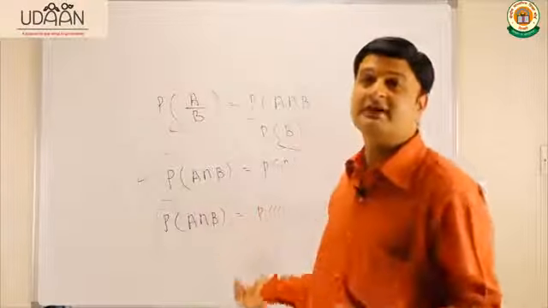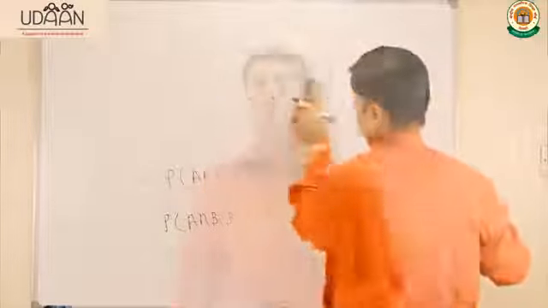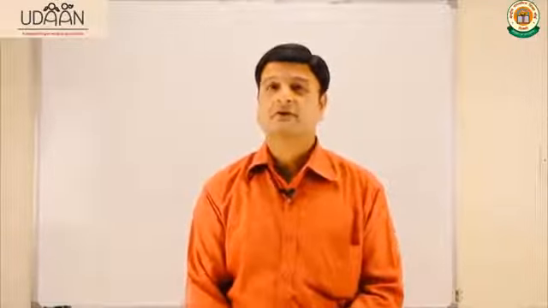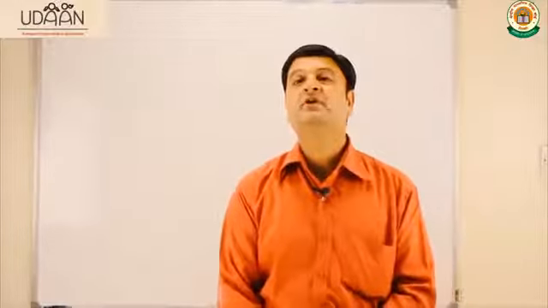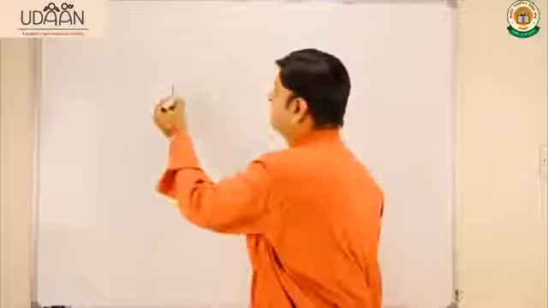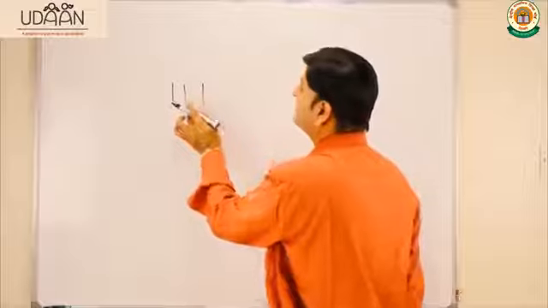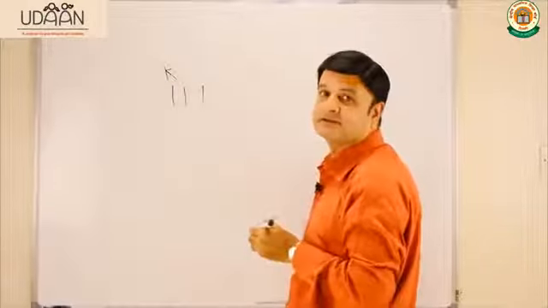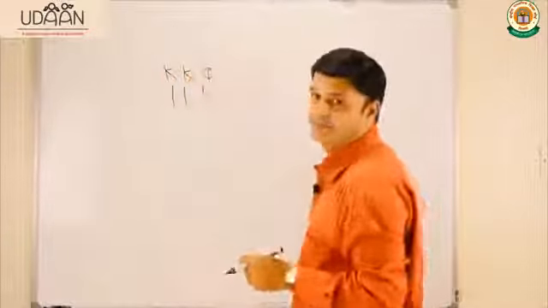So let's understand when it is required with the help of a sum. The question is, 3 cards are drawn from a pack of cards one after the other without replacement. Then what is the probability that first is king, second is king and third is queen?